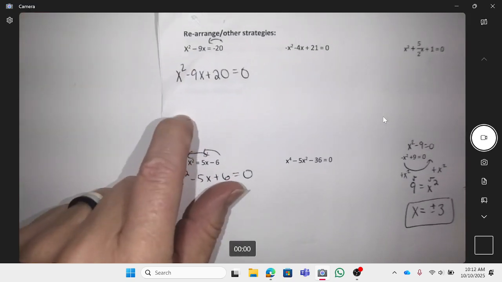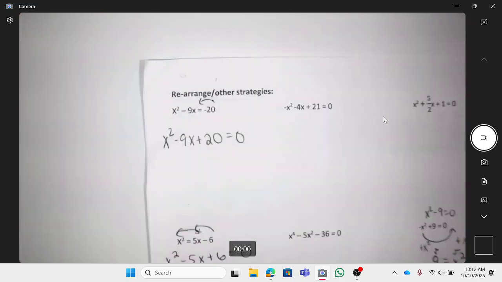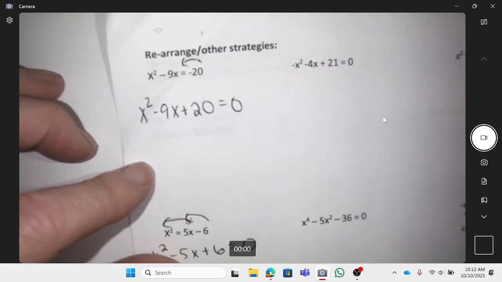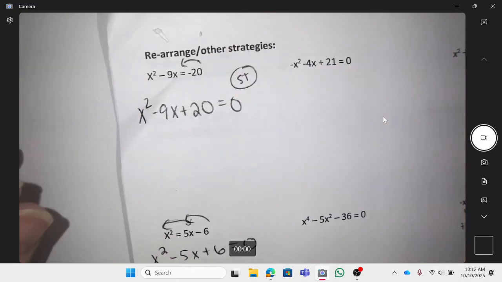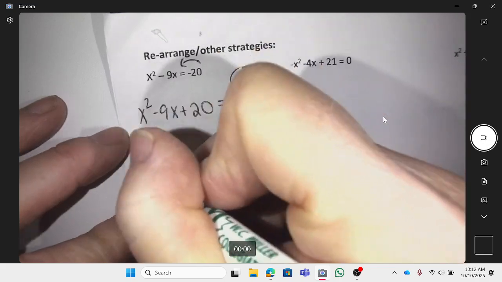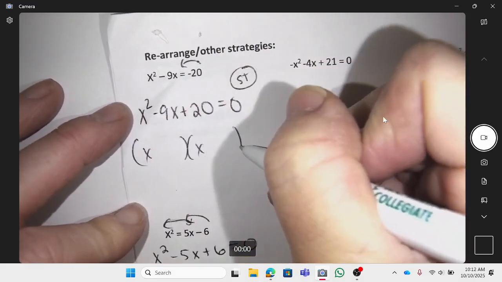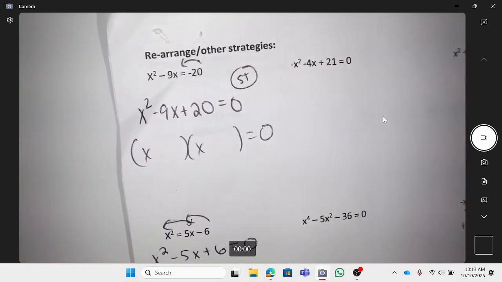So number 1, do you recognize it as a style? Simple, right? Would you have said that? Trinomial, 3 parts, simple because it's a 1x squared. So bracket, bracket with x. So what are you thinking in your head? Multiplying to 20?